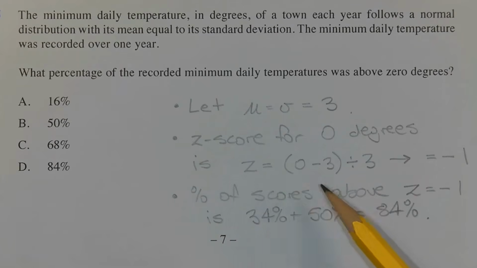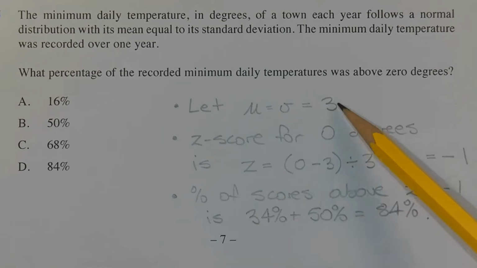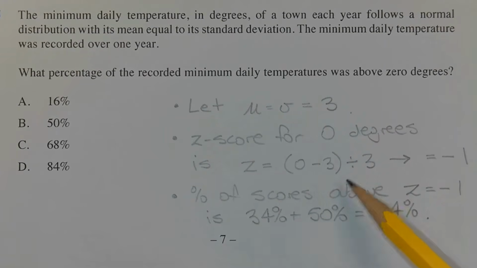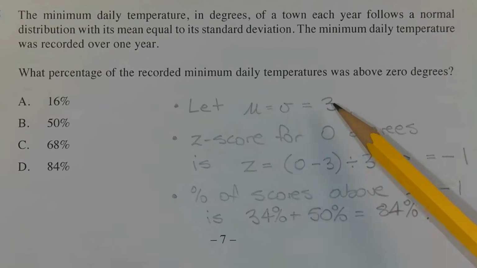And we get z equals (0 minus 3), so that's 0 degrees minus the mean, which we chose up here, which is 3 degrees, divided by the standard deviation 3, since mu is equal to sigma, and we get negative 1.